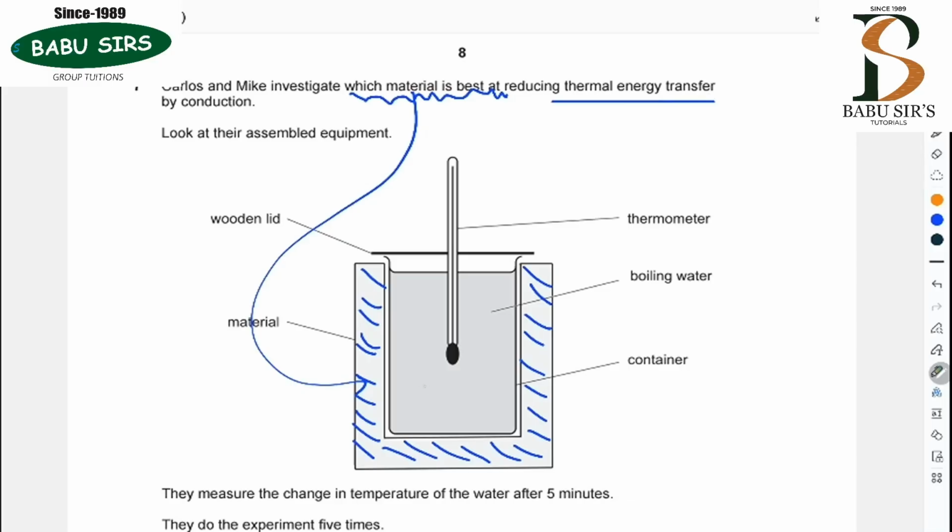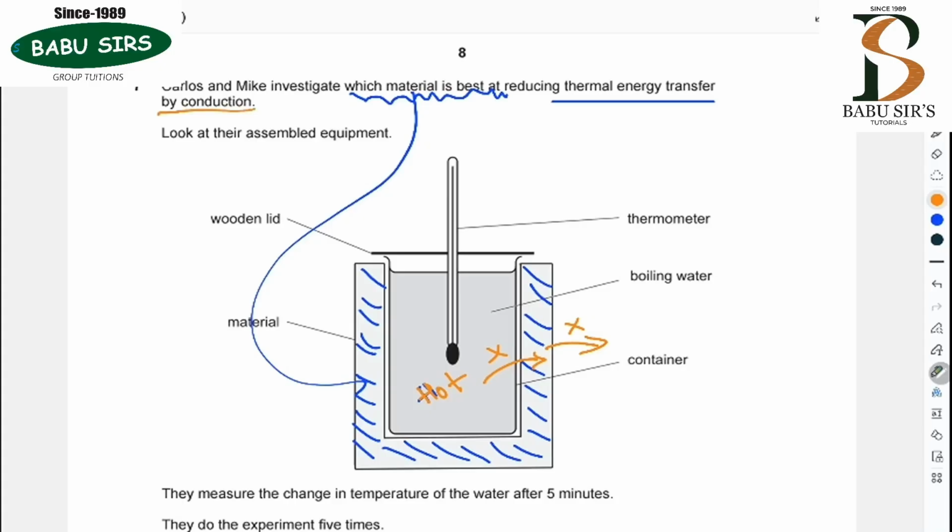Something will be hot here, and you don't want that heat to go out. So you will put some material in this blue section so that the heat won't transfer out by conduction.